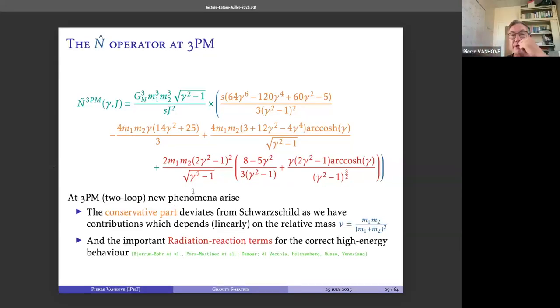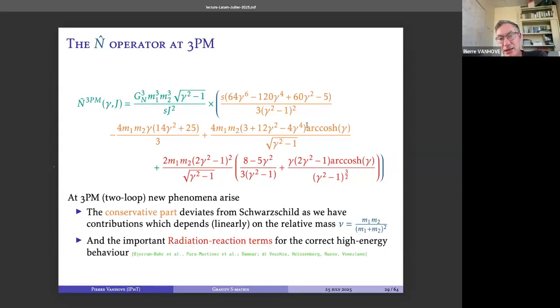So this shows you that the probe particle computation is no longer a valid computation; it captures something that goes beyond. This is not something you could find in a book like Landau-Lifshitz, because Landau-Lifshitz only does the test particle approximation, so at this order, G Newton to the cube, you will not see such an intricate expression.